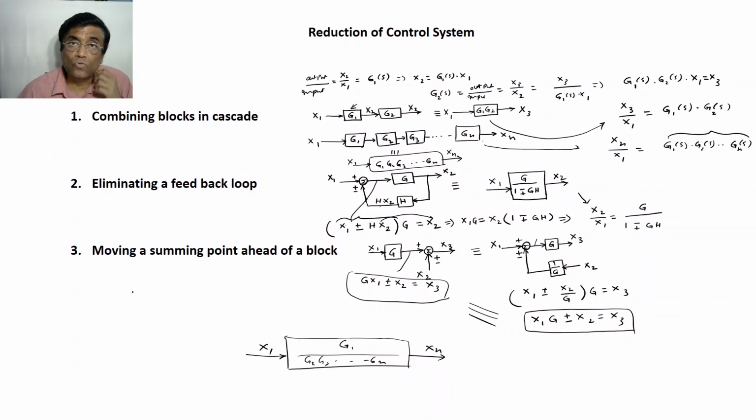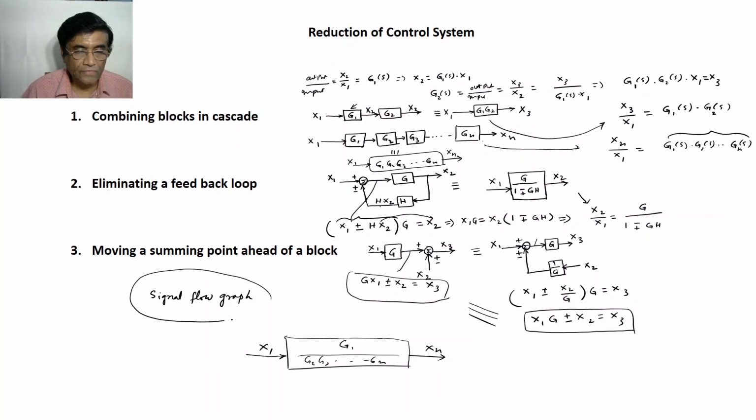There is another tool in control engineering you will study. It's called signal flow graph. The signal flow graph is another alternative tool. Instead of block diagram representation, you can represent a complicated control system in the form of a signal flow graph.